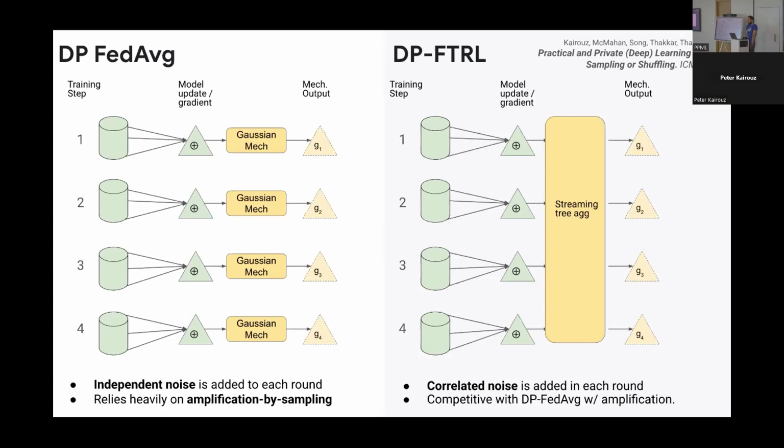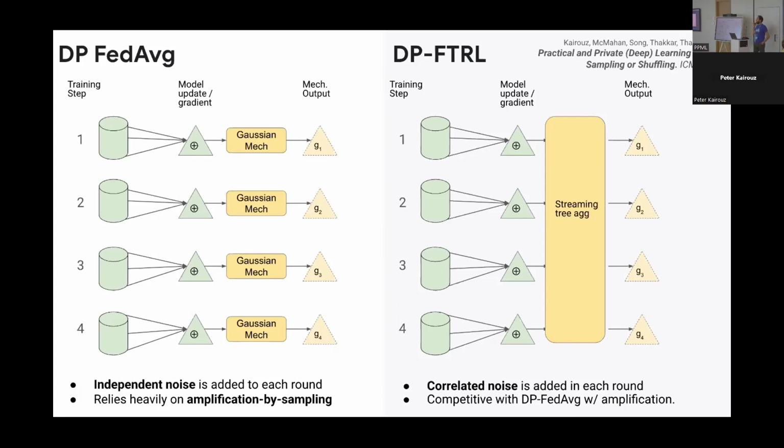And so the first time we get some sort of an estimate of the first training round gradient, that's G1. And the second time we get, again, some sort of a DP estimate of the second round gradient, G2. But the point here is that we're applying independent noise. And if we want to get formal, strong privacy guarantees, we have to rely very heavily on amplification via sampling.